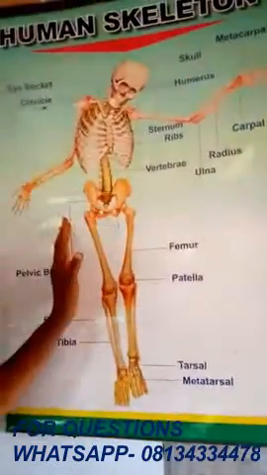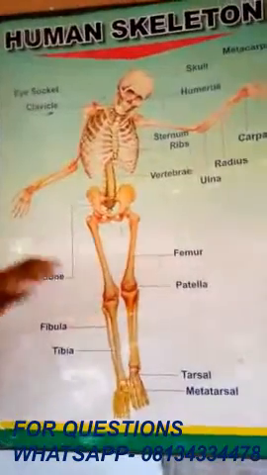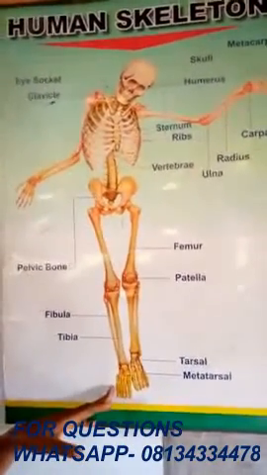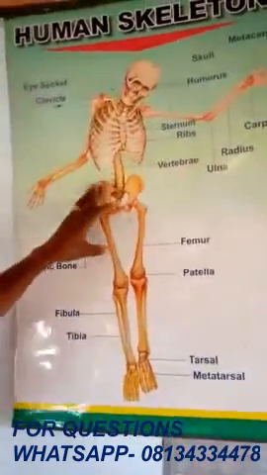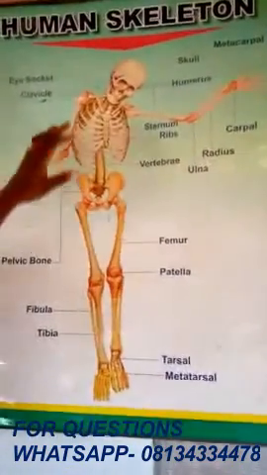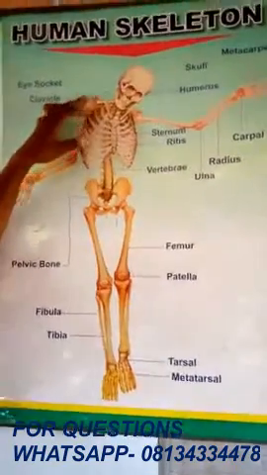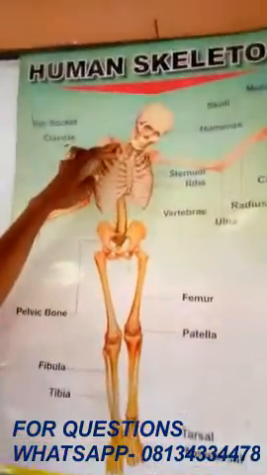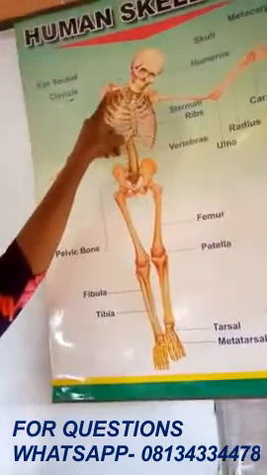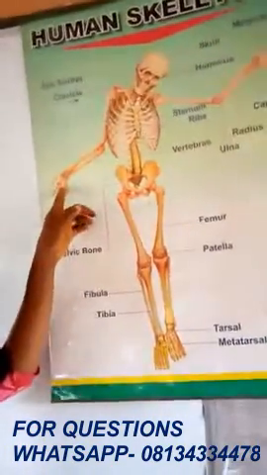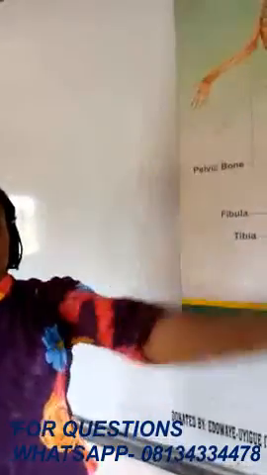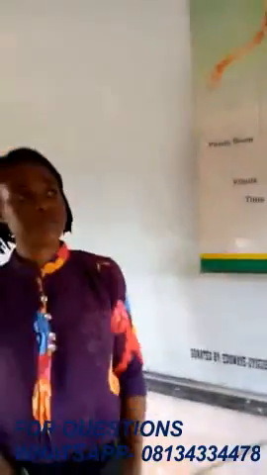The forelimb begins from the shoulder, the collarbone. That is from here to here. Your hand is your forelimb.